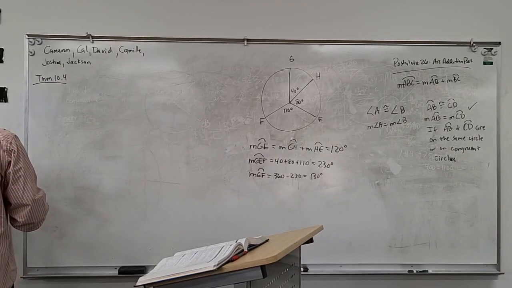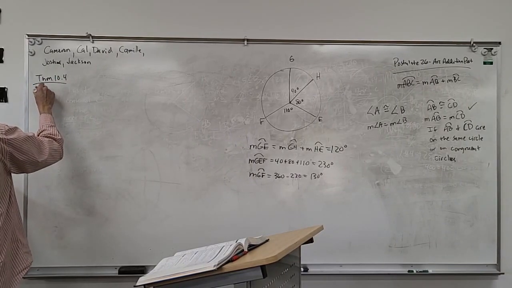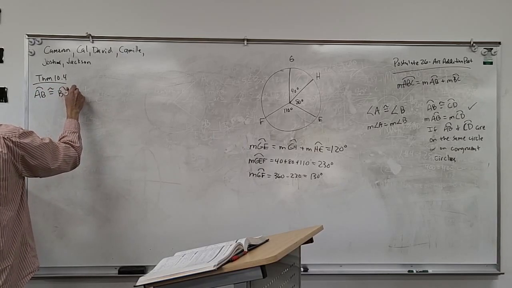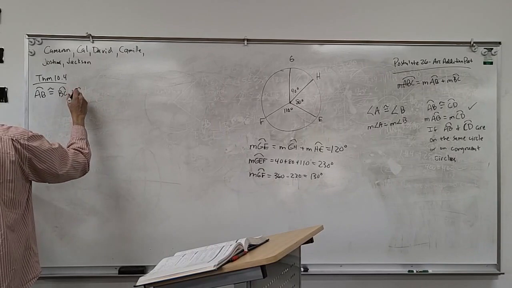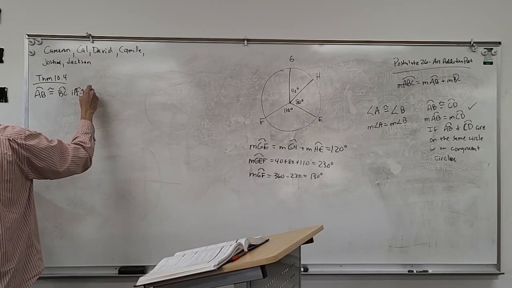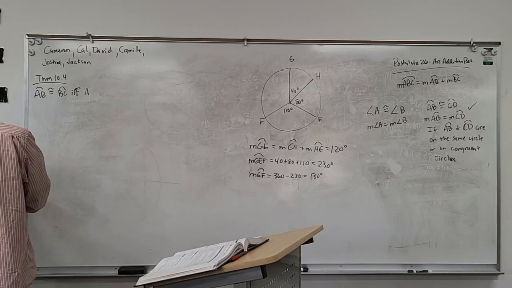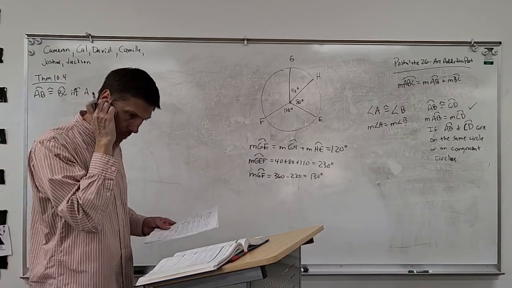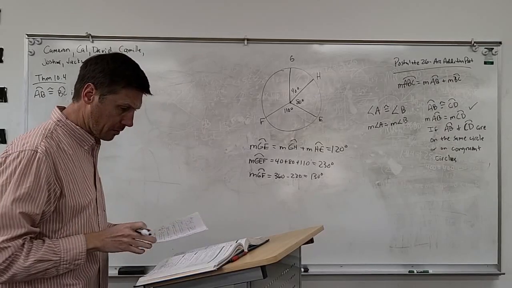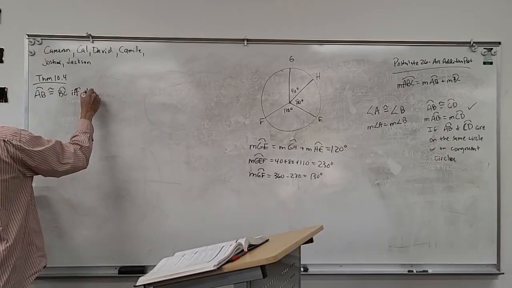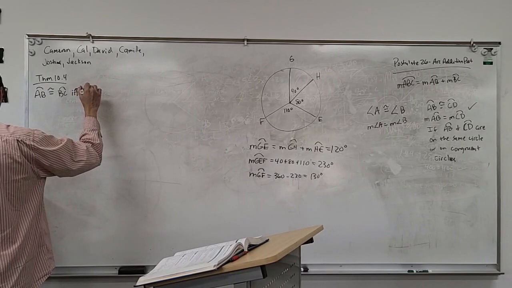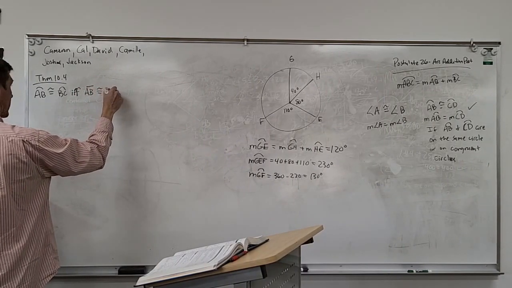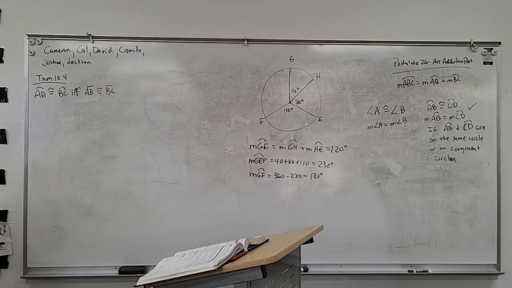And that says that arc AB is congruent with arc BC if and only if the distance AB, the line segment AB, I'm sorry, is congruent with line segment BC.